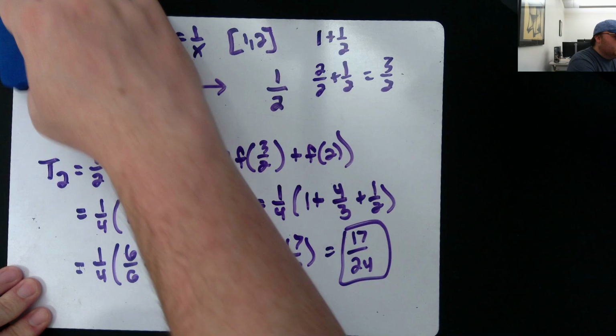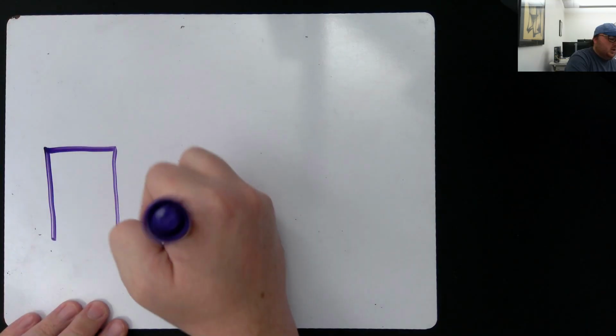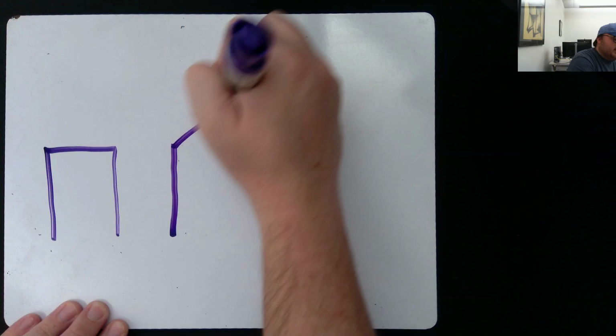Simpson's rule is next. Simpson's rule is very neat. So think about what we have done so far. In Calculus 1, our regions look like this, rectangles like this. With the trapezoidal rule, it looked like this.